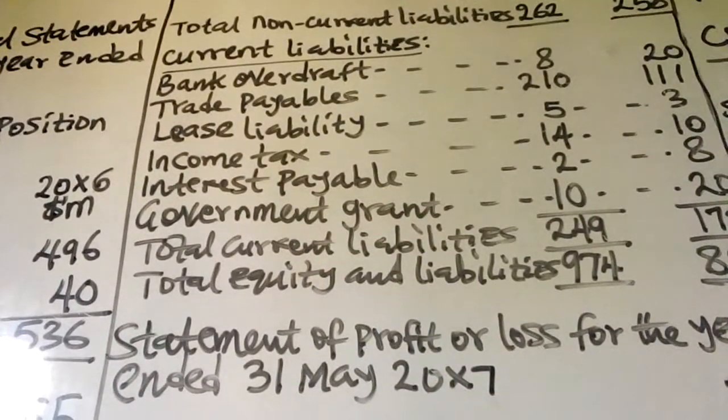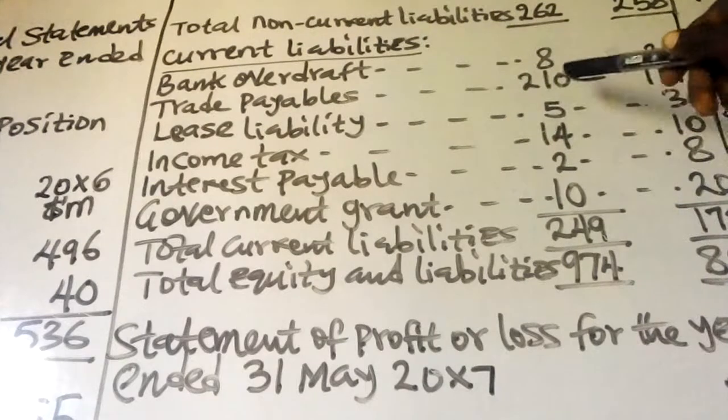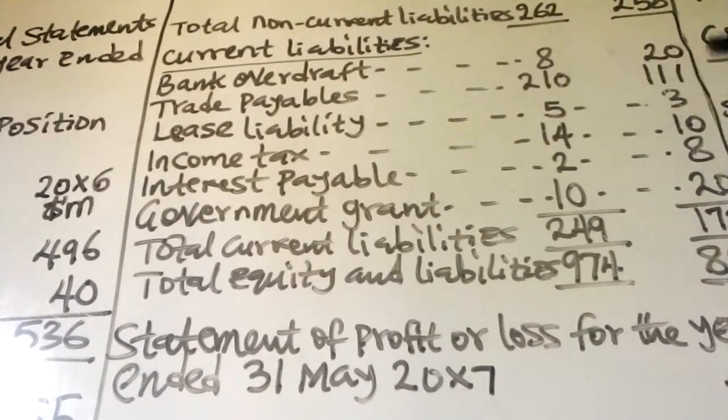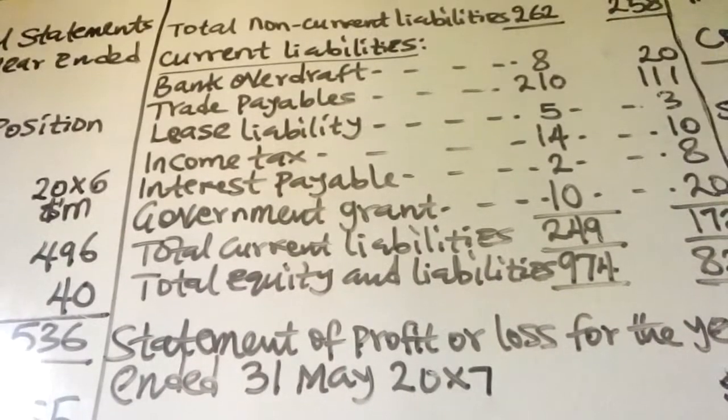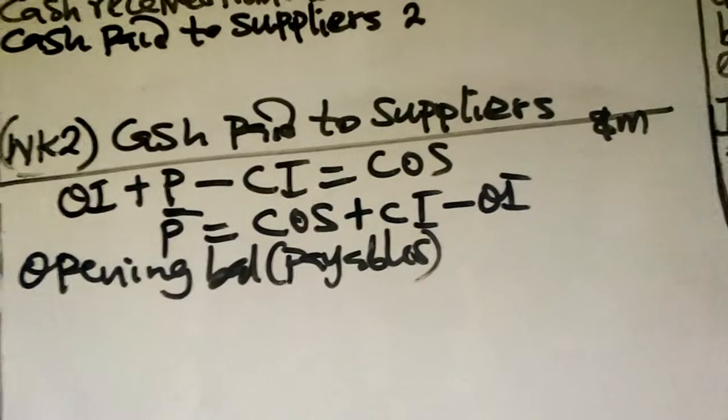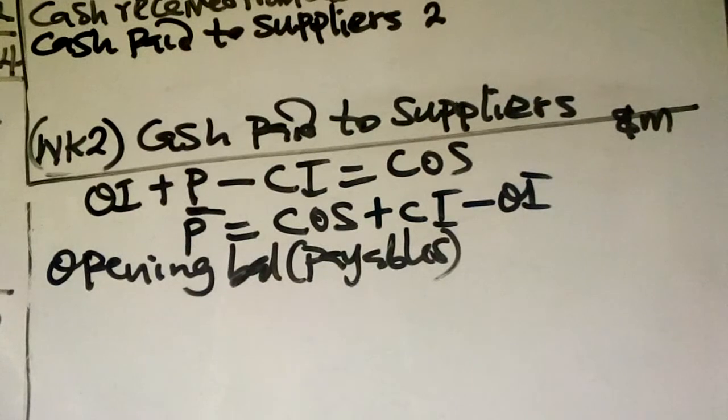Under current liabilities, we have trade payables 210 for 20X7 and 111 for 20X6. The 111 for 20X6 is the opening balance. That means the opening balance of payable is 111.